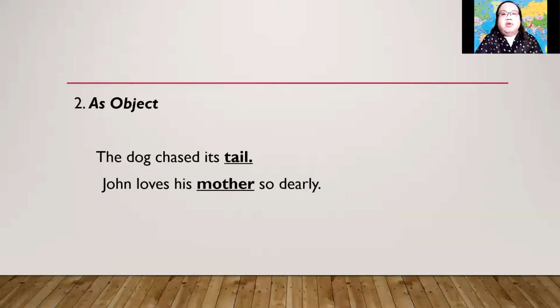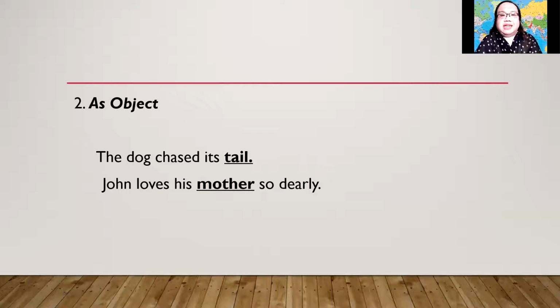Second, nouns can also play the role of an object. In a particular sentence, if there is a subject, more often than not, there is also an object. We're going to be using the same examples. First, the dog chased its tail. The dog is the one performing the action, and the one receiving that action is the word tail.